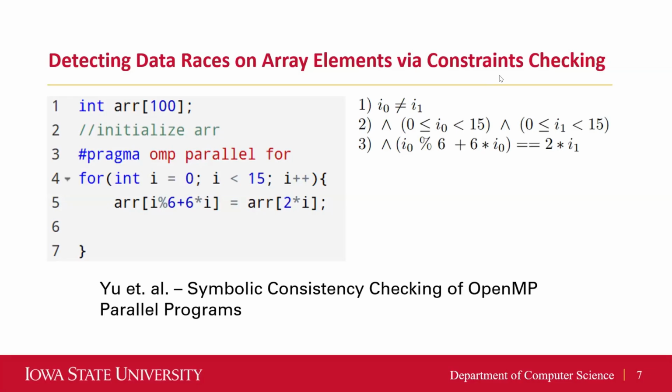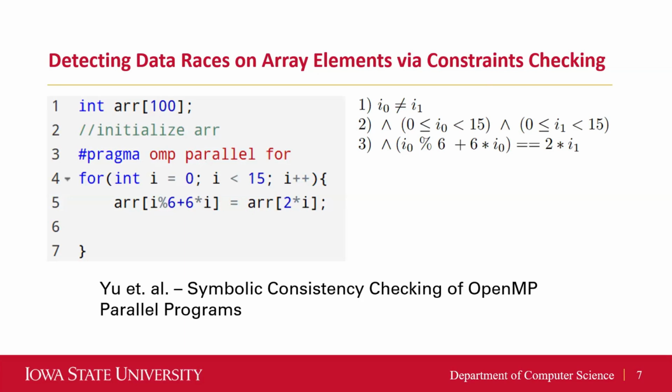And in the second row, we add the constraint for the boundaries of the induction variables. And in the last row, we add a requirement to check whether the index of the write can match with the index of the read.